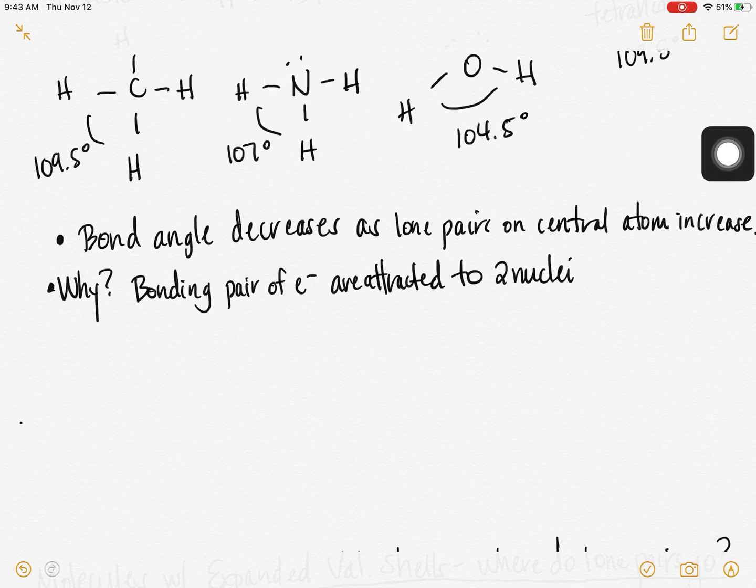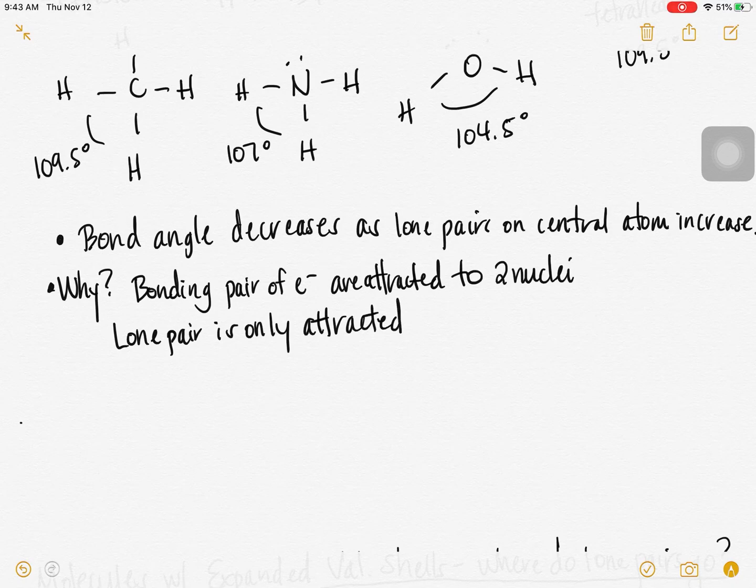It's also attracted to the nucleus of nitrogen, and that would go for any type of bonding pair of electrons. However, a non-bonding or a lone pair is only attracted to the nucleus of the atom that it's on. So in this case, the lone pair is only attracted to the nucleus of nitrogen. It has no attraction to the nuclei of the other hydrogens, okay?